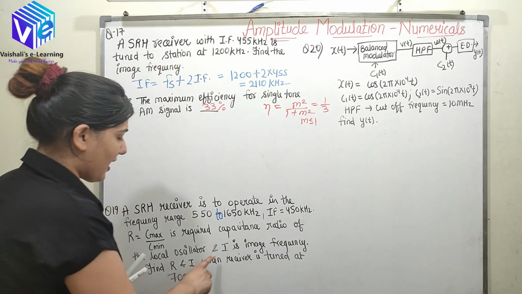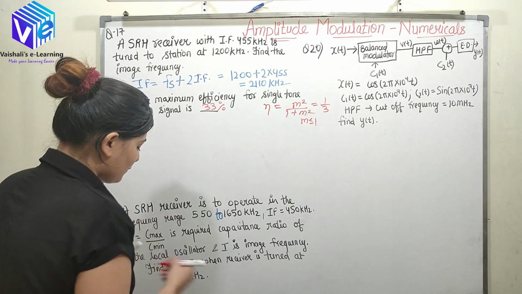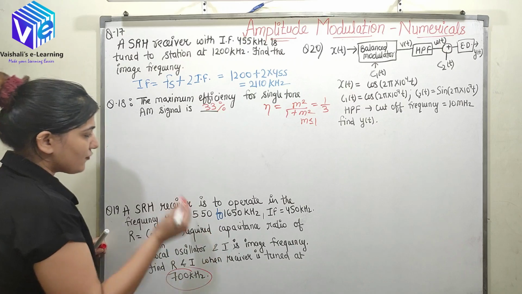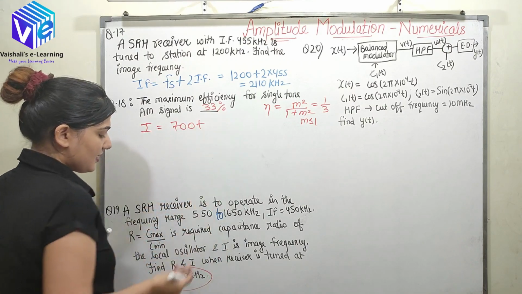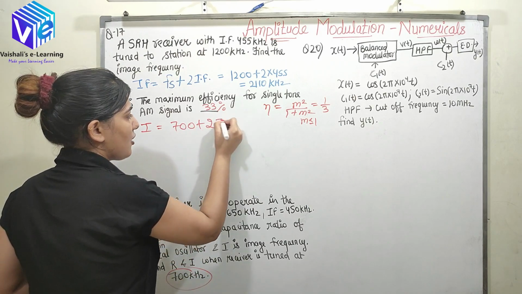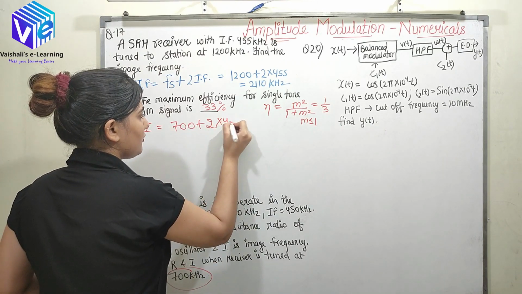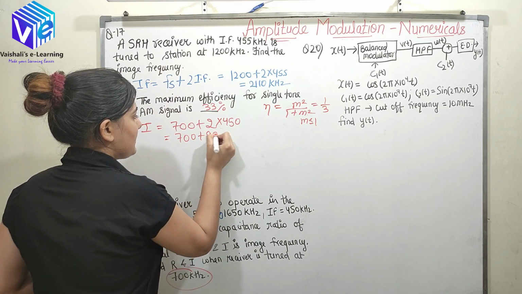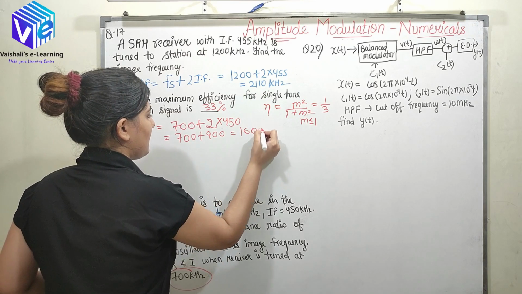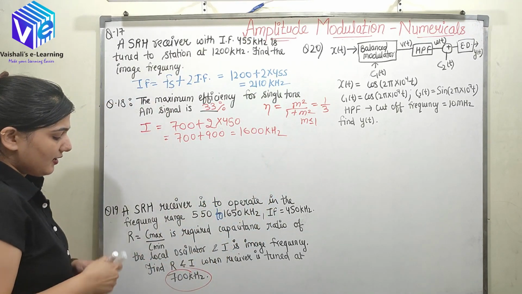Find R and I when the receiver is tuned at 700 kilohertz. So this is the station frequency. First I'll find I, which is 700 station frequency plus twice the intermediate frequency, twice 450. So it is 700 plus 900, which is 1600 kilohertz. So this is my image frequency.